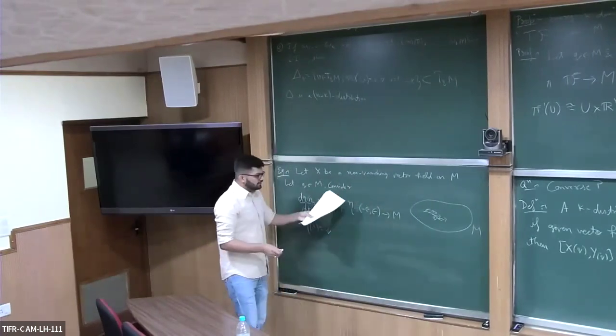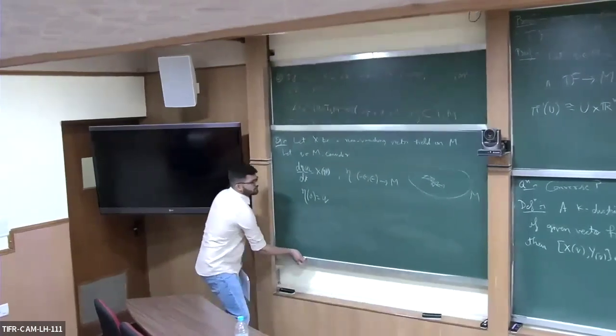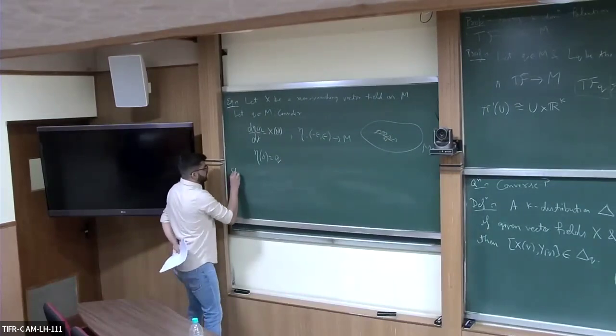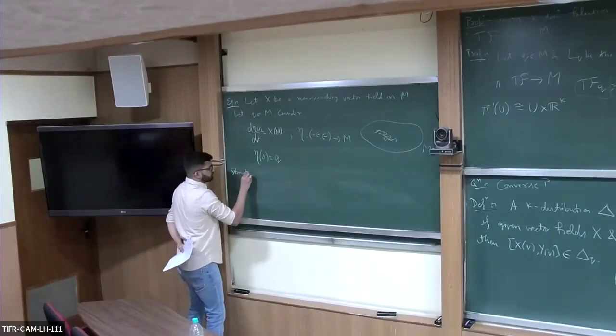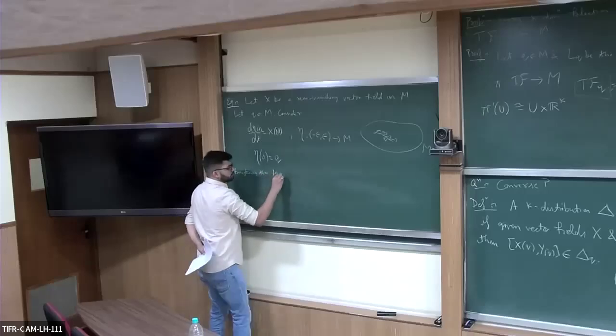And the foliation chart in this case will be given by this result, called the straightening theorem for vector fields.